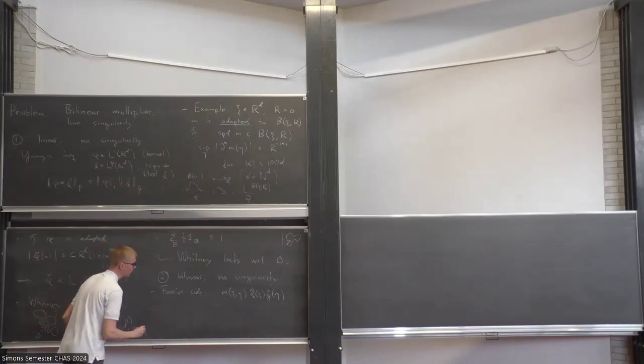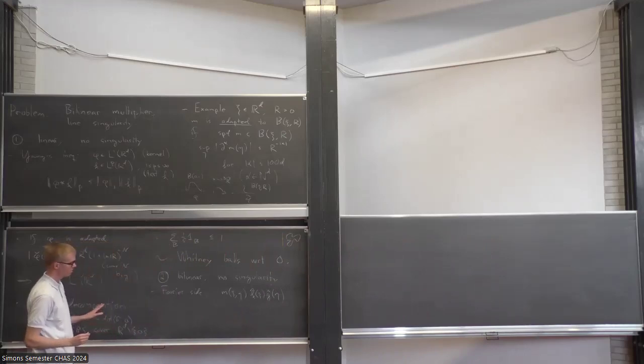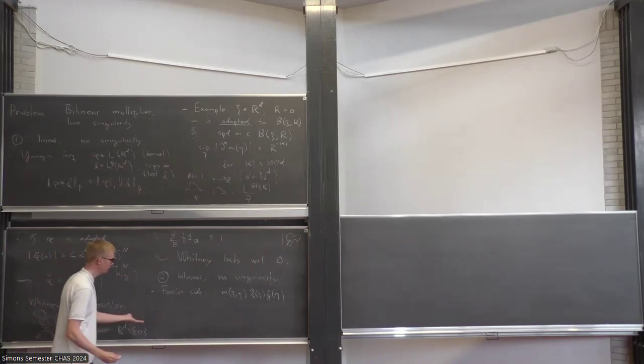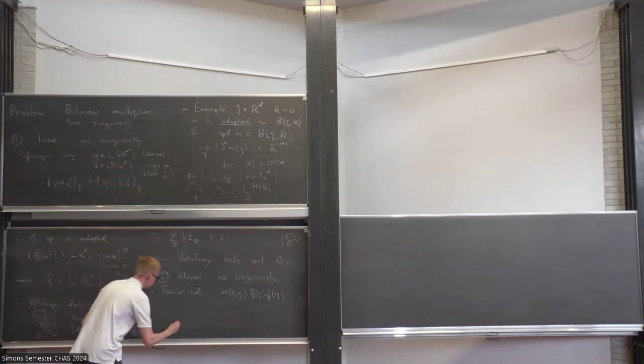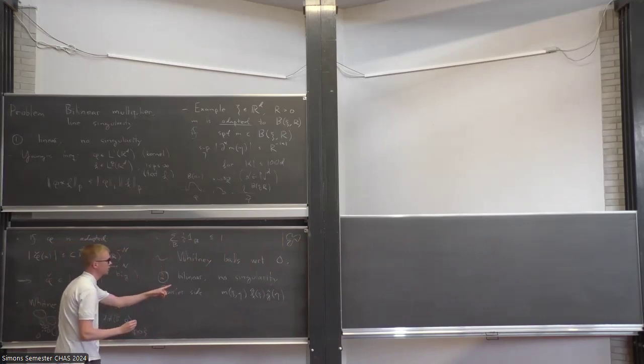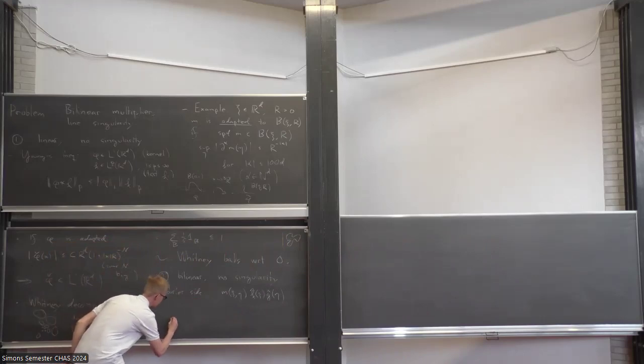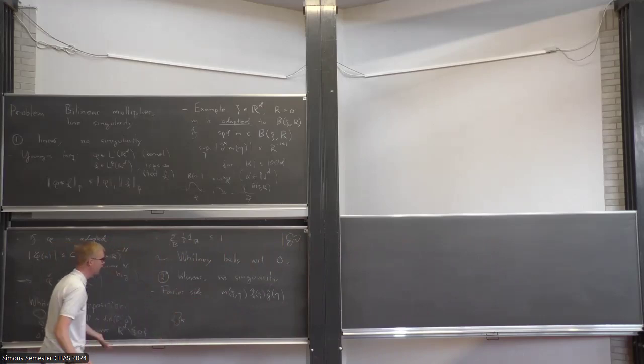And here the trick is to use Fourier series. This is an elementary trick, but it happens so often that if you don't know it, it causes a lot of headache. So if we take the multiplier m, suppose its support is here. K is now the support.